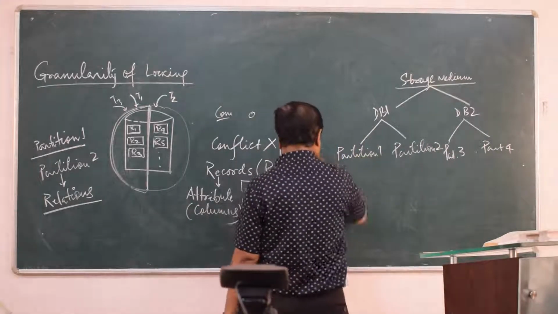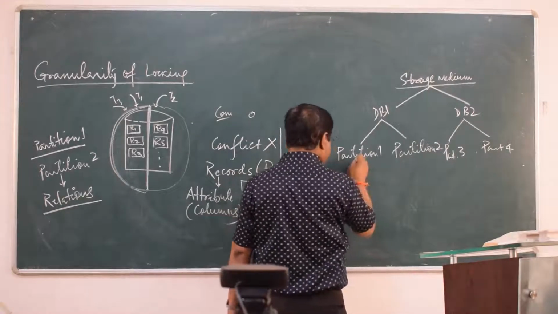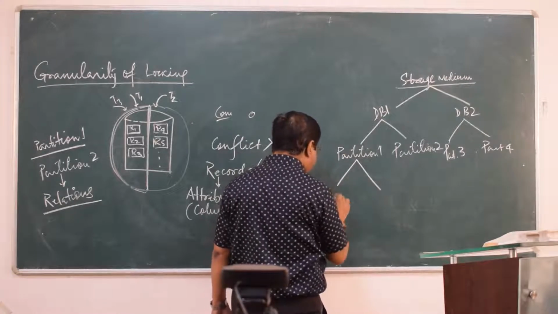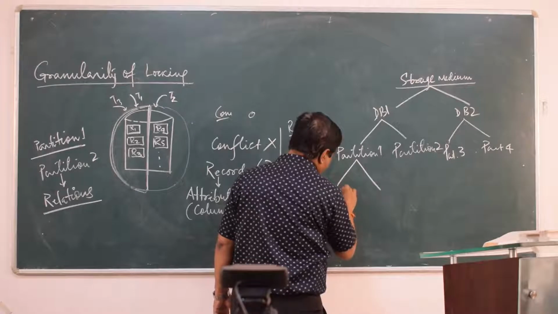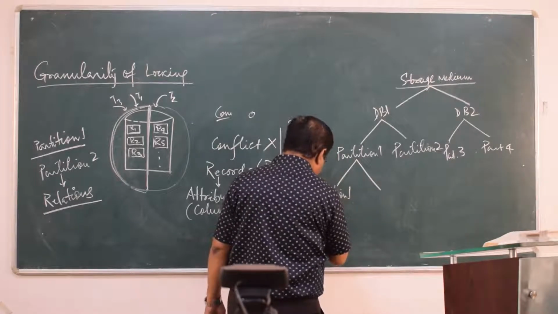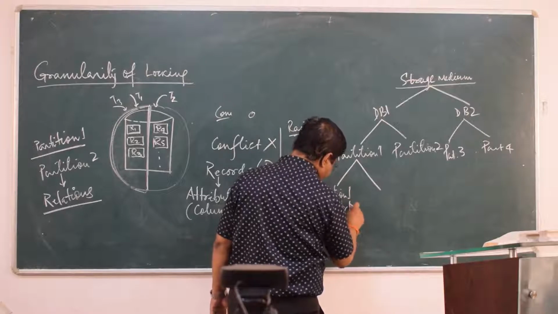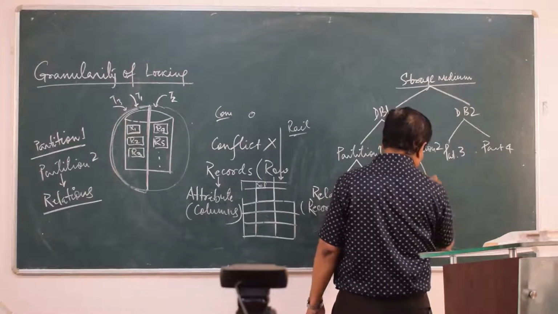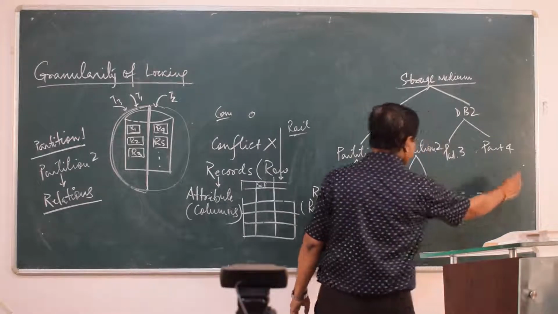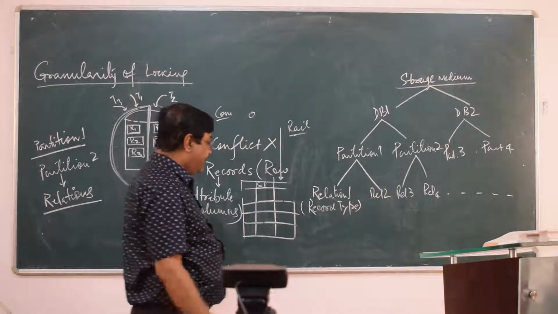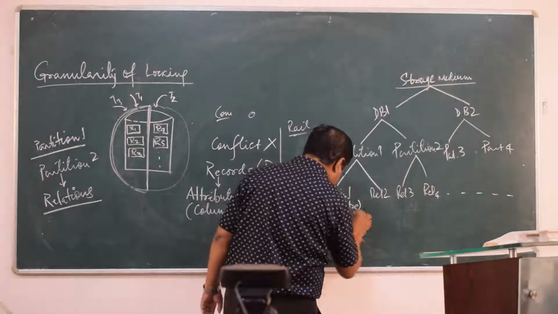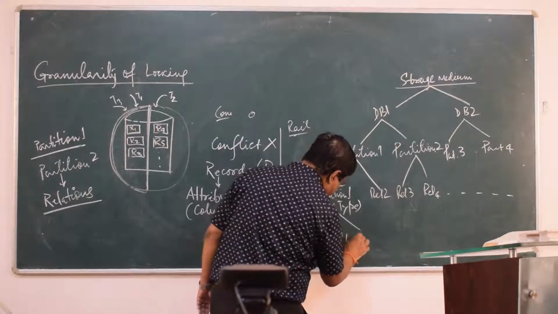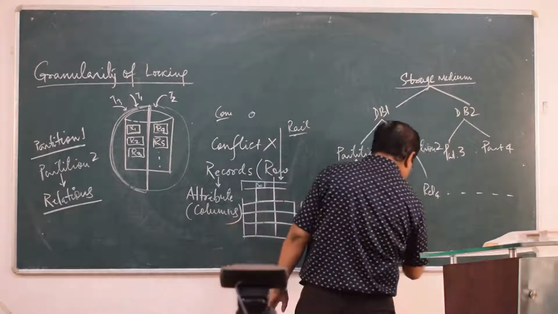Partition 1 might have relations, or we also call it a record type. Relation 1, we also call it a record type. Relation 2, relation 3, relation 4, and so on. From here we can lock tuples or records: record 1, record 2, and so on.